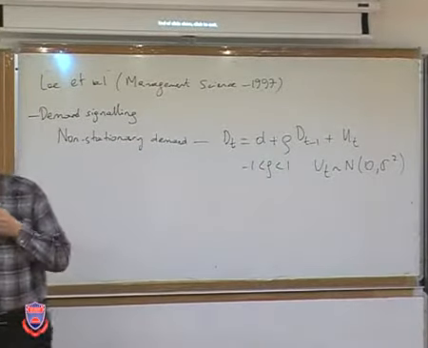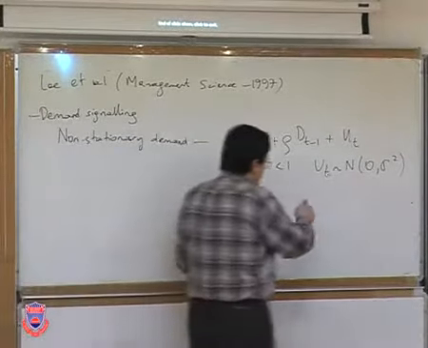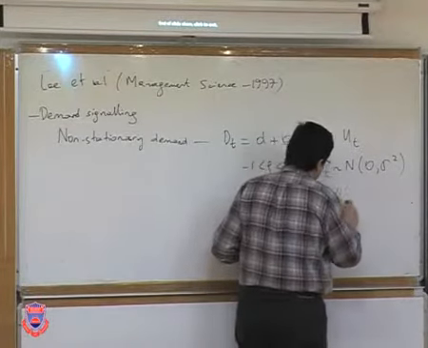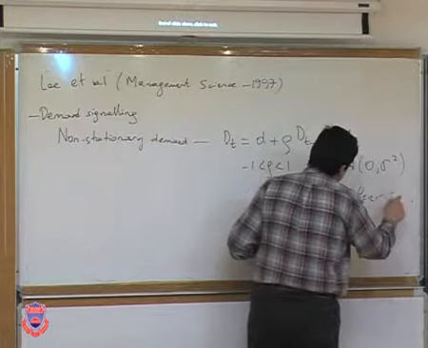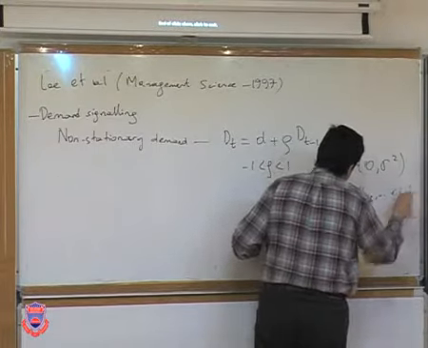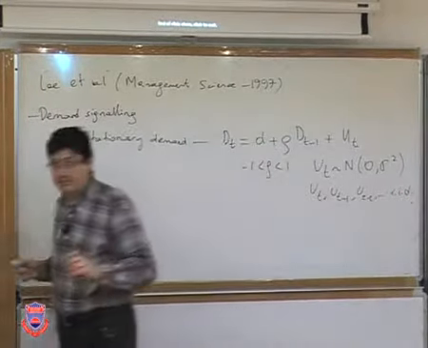Of course, we are going to assume that u_t minus 1, u_t minus 2 are all independent, identically distributed random variables.